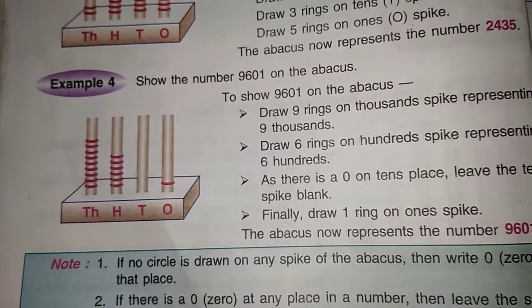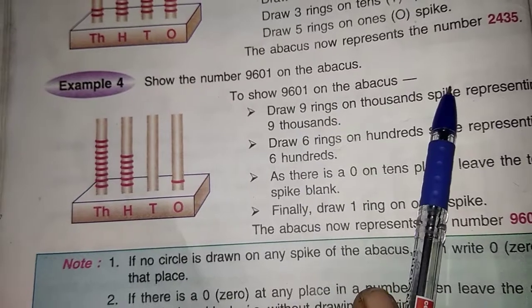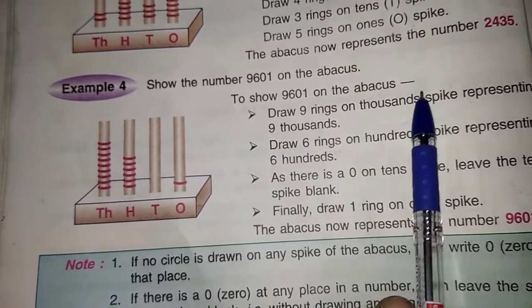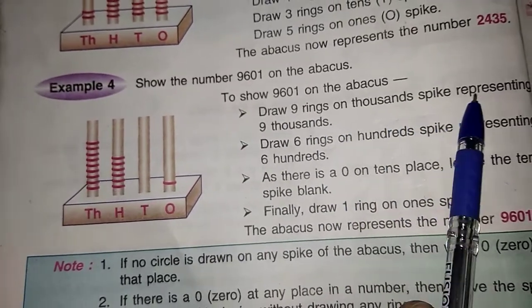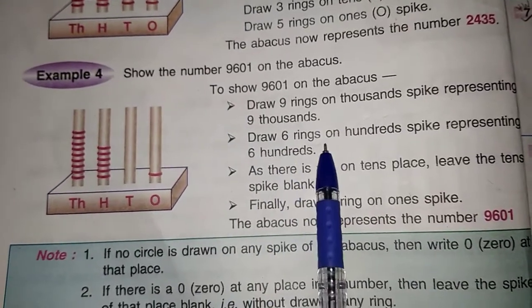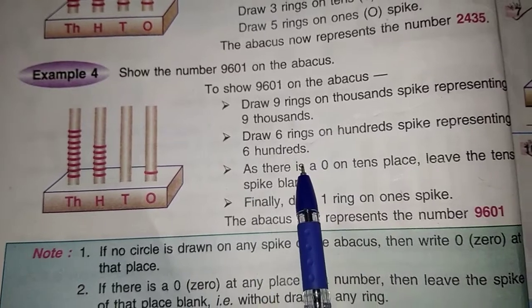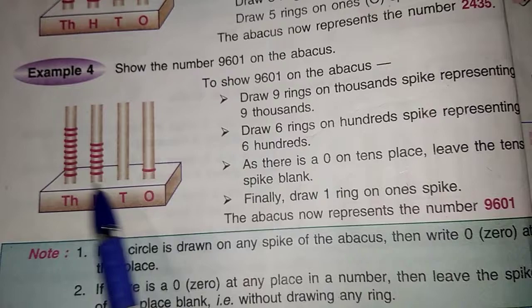Example 4. Show the number 9601 on the abacus. To show 9601 on the abacus, draw 9 rings on the 1000 spike representing 9000. Draw 6 rings on the 100 spike representing 600. Now here 9600.